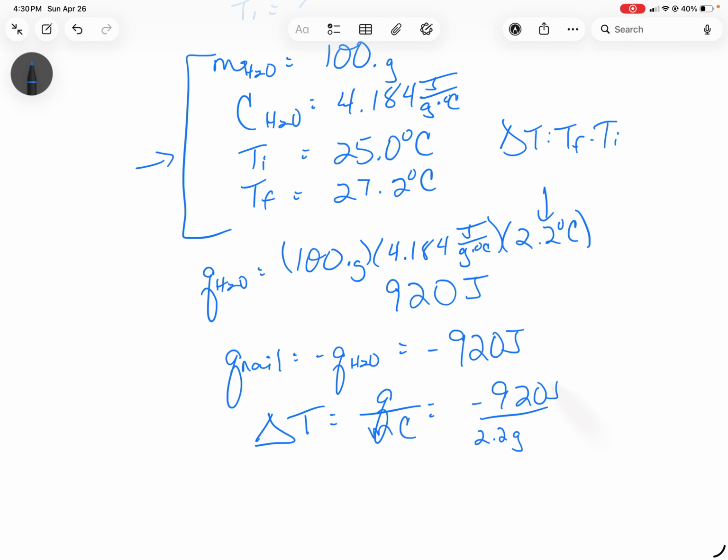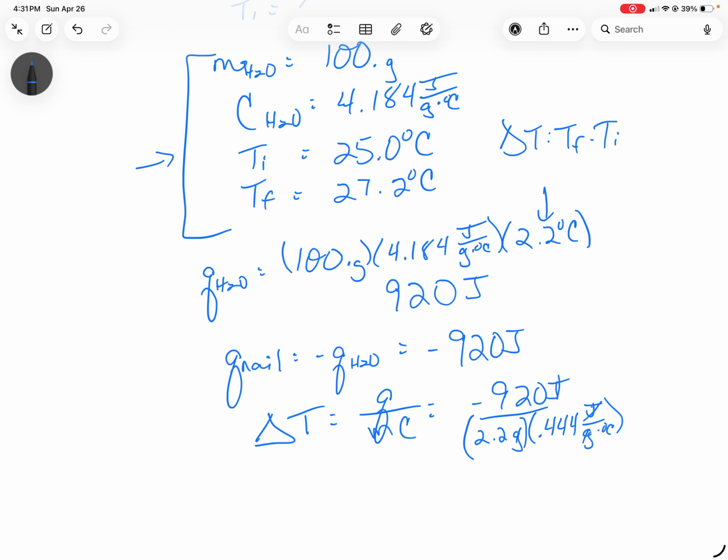And this is joules up here. And the specific heat of the nail is 0.444 joules per gram degree C. Okay, grams cancels, joules cancels. That degree C is going to pop up to the numerator.